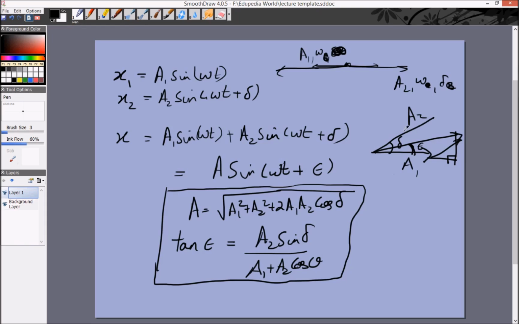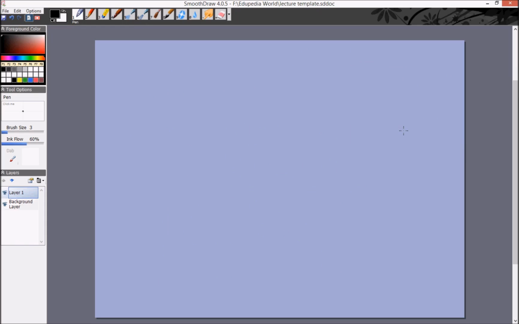Now let's look at what happens when we combine two SHMs in the perpendicular direction. So when it comes to perpendicular directions and circular motions, SHMs have a very specific property. Let's say we have a particle moving in a circle. This is the x-axis, this is the y-axis. A particle moving in a circle of radius a with a constant angular speed omega.